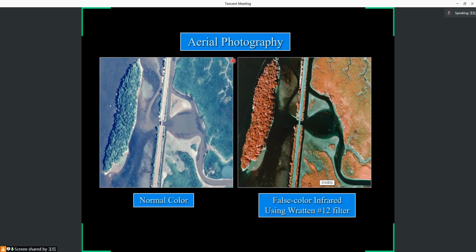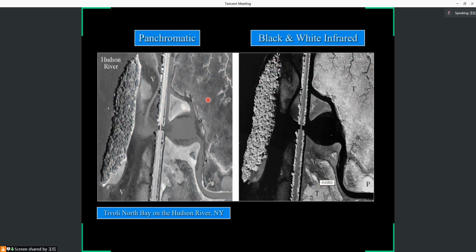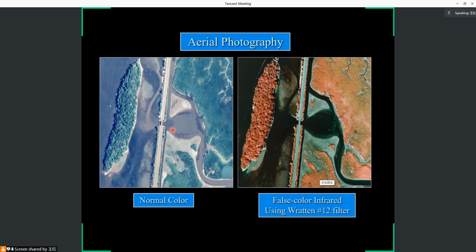This is the black and white one, and this is for the color. This is normal color, and this is the false color. False color means letting the vegetation be red. Red is the vegetation, and green is the vegetation in the normal one.